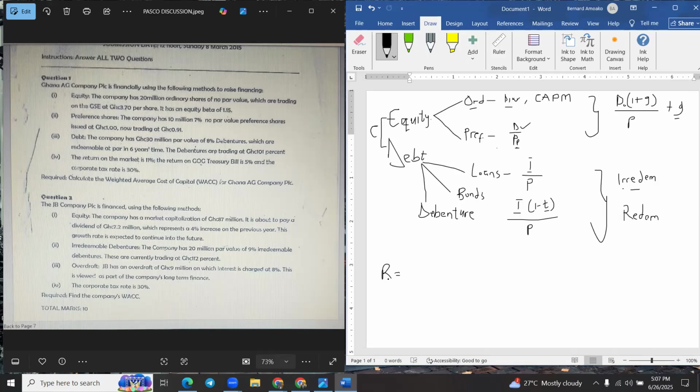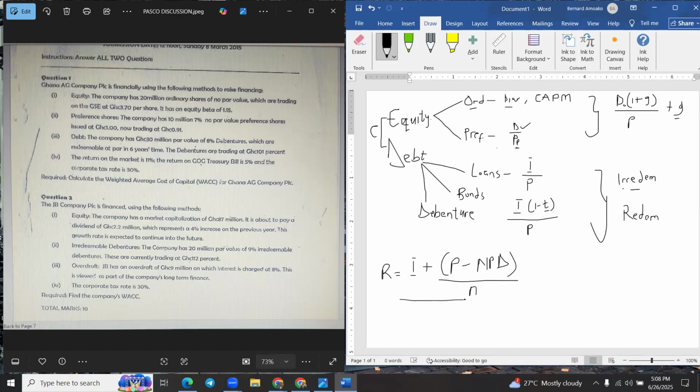All right. Now, for the redeemable bonds, redeemable loans or debts, we say that it is the interest, plus a bracket open P minus the net proceeds from disposal. The P happens to be the face value, all over the number of years you need to redeem it.